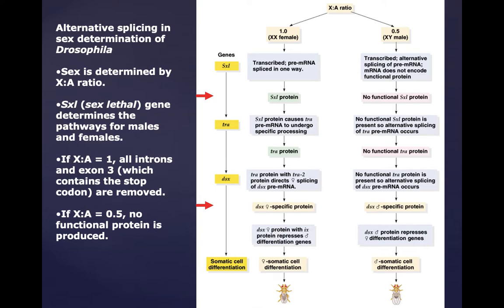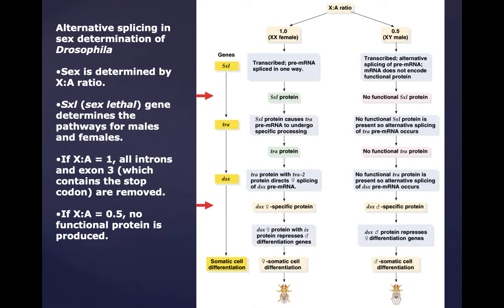For the case of sex determination in Drosophila, we can also expect the same thing. In this model animal, sex is determined by the X to A ratio. The expression of the sex lethal gene dictates whether the Drosophila will be male or female, and the expression of that gene is regulated depending on the X to A ratio.